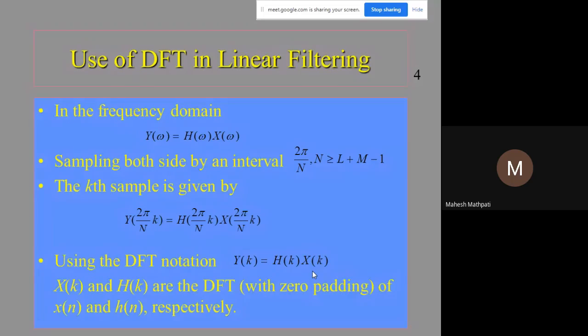What is omega here? Omega is what? Is it 2 pi by N? No. What is the term? Whether it is continuous in nature or discrete in nature.